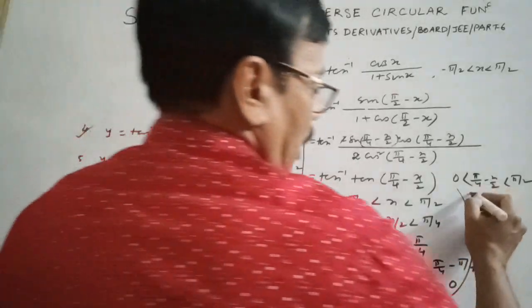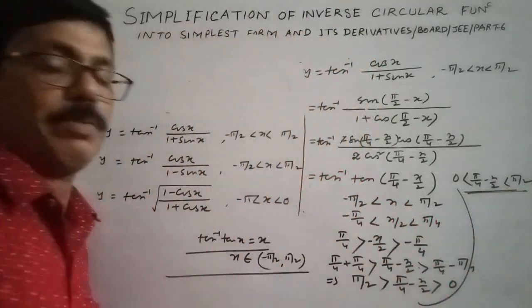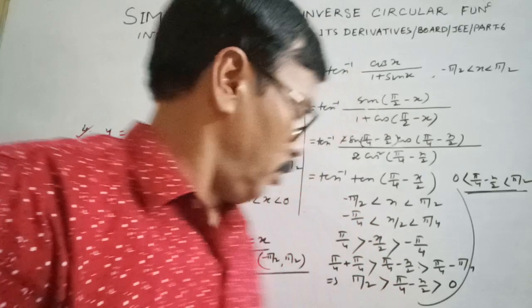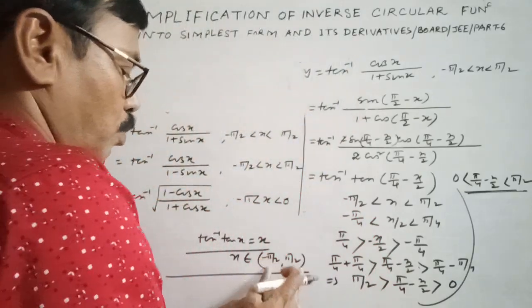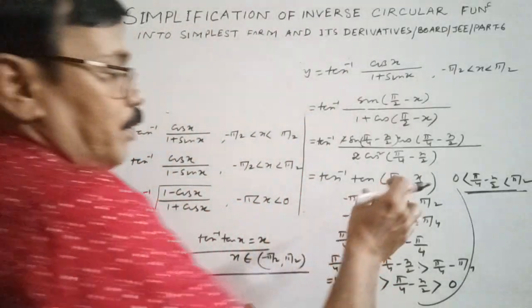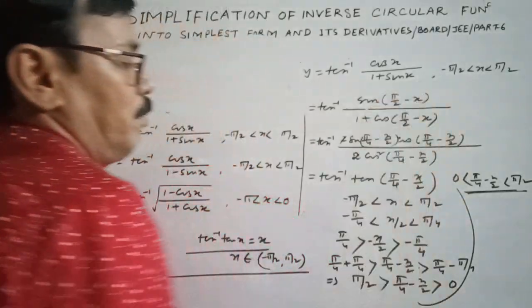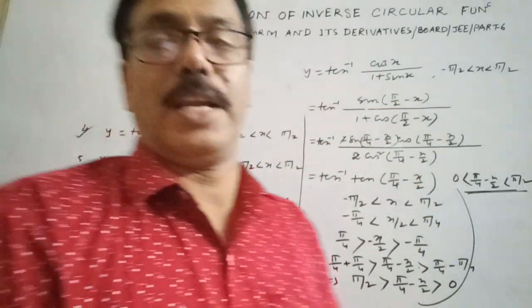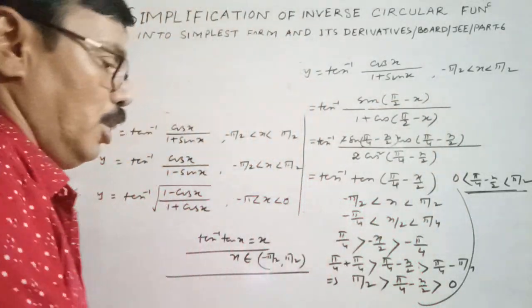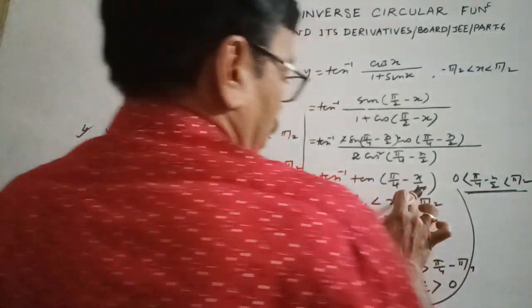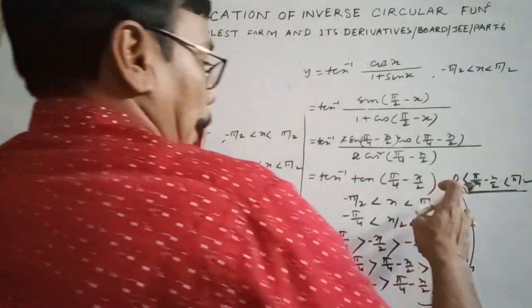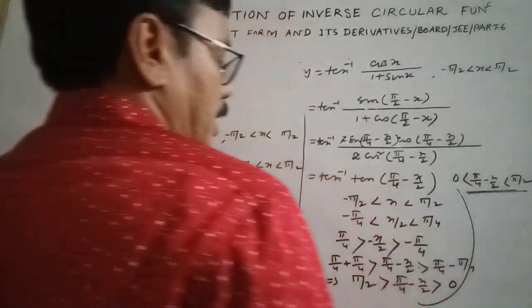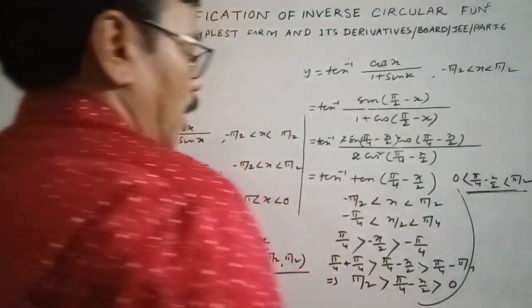That is, this argument belongs to the principal value. What is the principal value? Minus pi by 2 to pi by 2. If this argument belongs to the principal value, then tan inverse tan x is x. So we are getting this argument in 0 to pi by 2, that is, it is within the principal value.